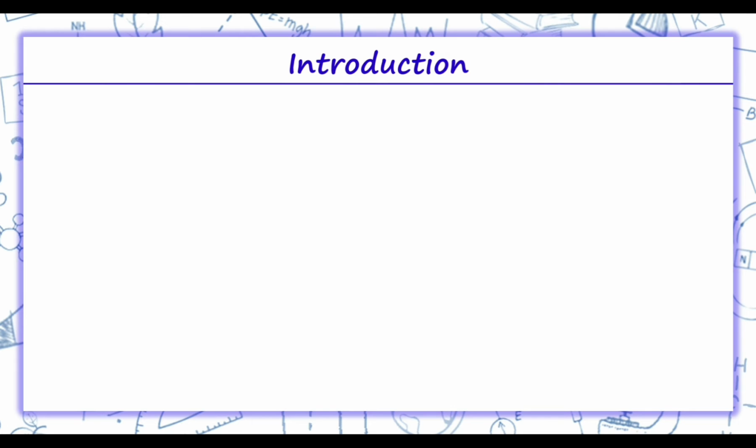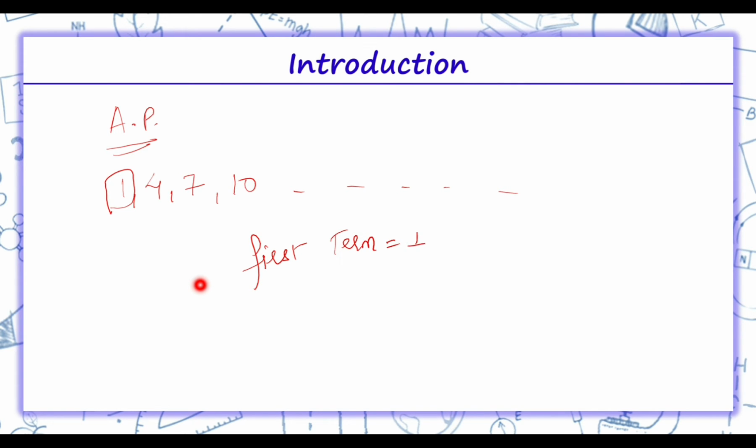Coming on to its introduction. A sequence is called AP if the difference of a term is always same. Now let's suppose I am provided with a sequence that is 1, 4, 7, 10. So this is AP. Over here, the first term is 1.